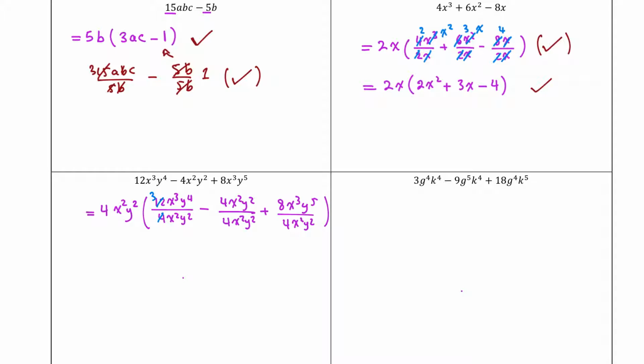Cancels out to 3, cancels out to x, cancels out to y to the 2. And again, here I have the same base, which is y, and I have to subtract the exponents. 4 minus 2 gives me 2.